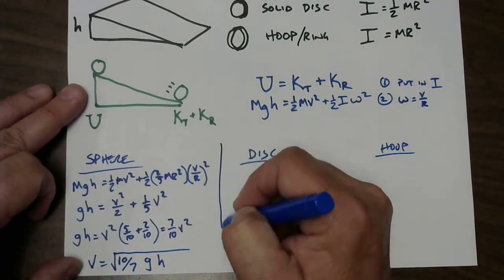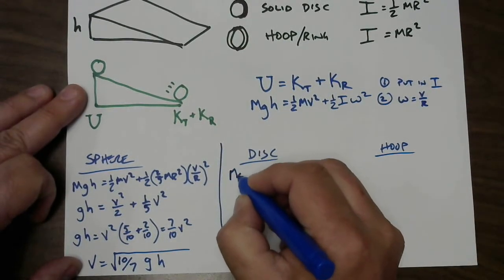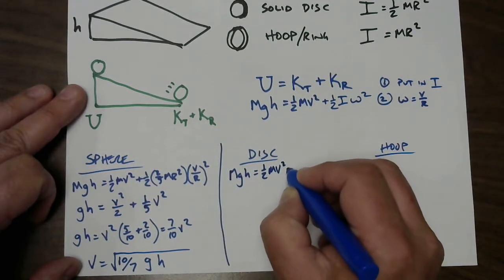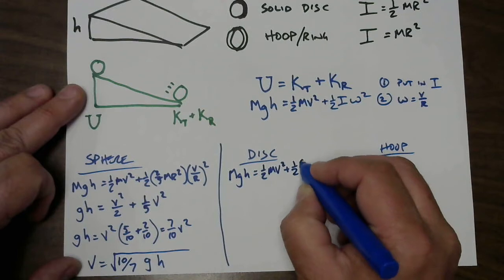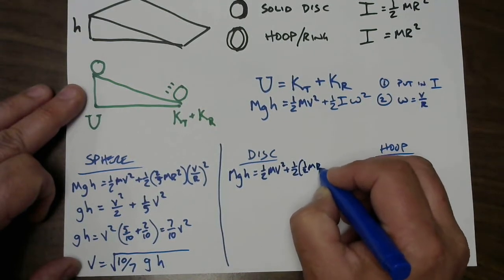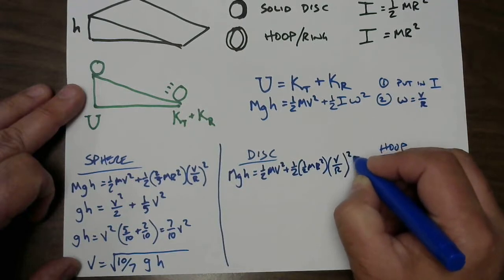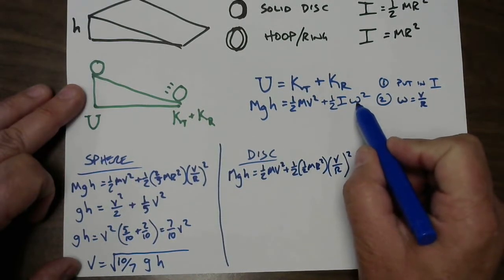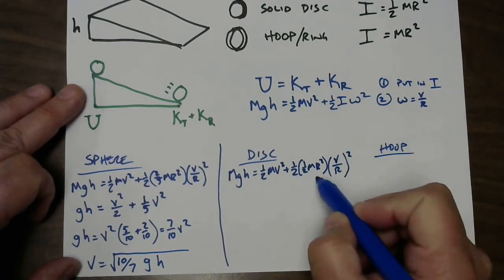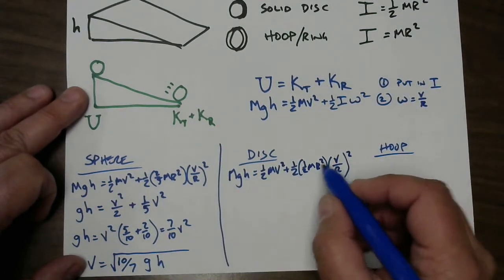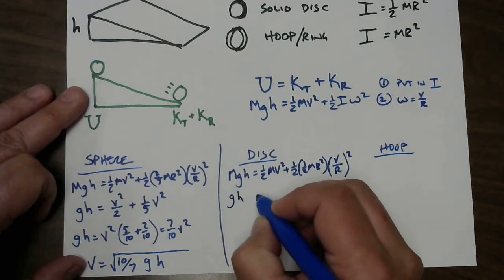How about the disk? Well, mgh equals 1/2 mv squared plus 1/2 of 1/2 mr squared, and then v over r quantity squared. I'm just putting in what omega is, and I'm putting in what I is for a disk. Again, m's everywhere, they cancel, so all that survives on this side is gh.